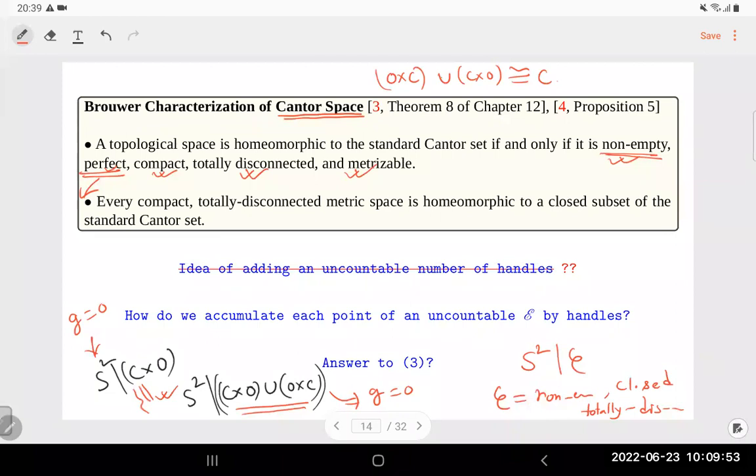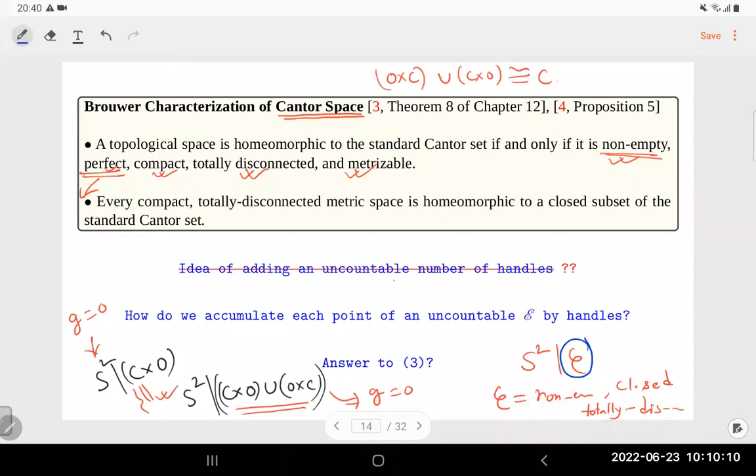So here is another question that I am going to discuss. Notice that the set we delete is non-empty, closed, totally disconnected, metrizable.